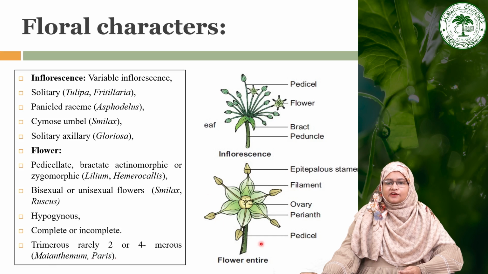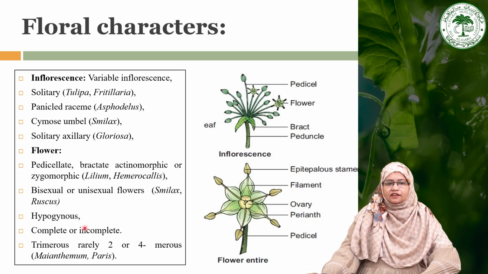This is a single flower, typically a pedicellate flower which has a perianth, then stamens as well as gynoecium. Generally they are bisexual, but sometimes they are unisexual, as in Smilax and Ruscus.